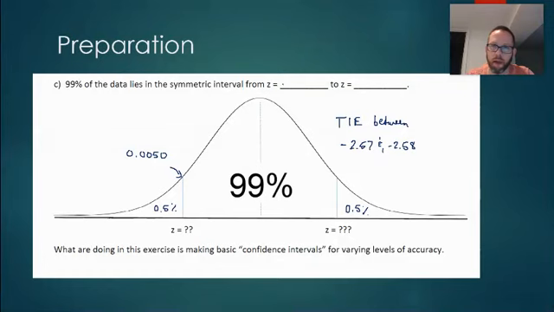So we'll say -2.575 and, or in positive, I keep doing that, positive 2.575. We'll split the difference.